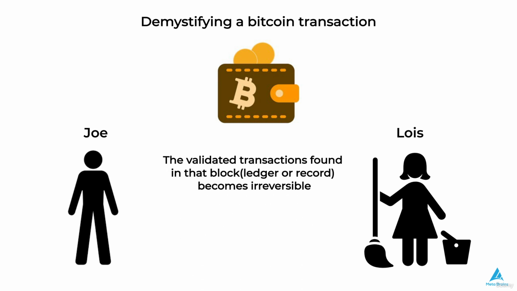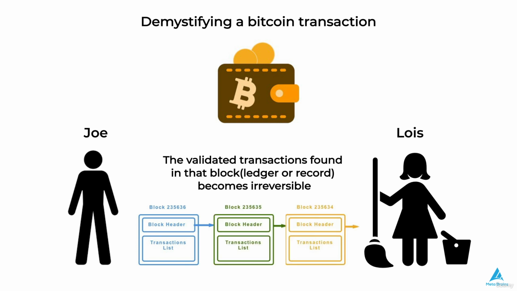Step 9. After the proof of work is done, the block whose hash was correctly guessed and validated by the other nodes, miners, in the network is added to the already existing blocks in the blockchain. The validated transaction found in that block, ledger or record, becomes irreversible. This is a characteristic of Bitcoin transactions.